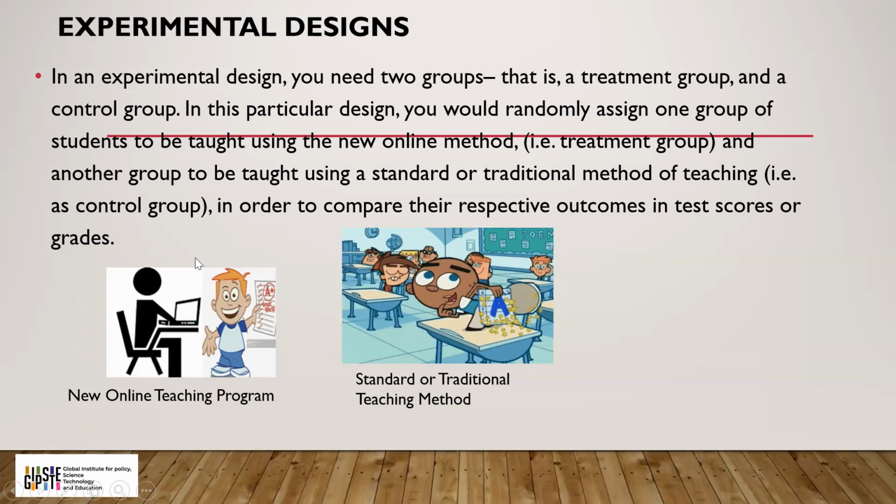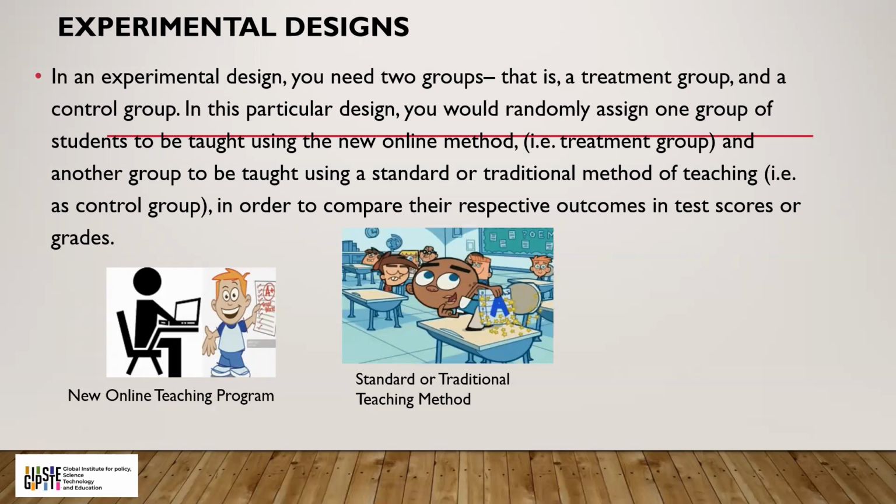So this will be the treatment group and this will be the control group. In this case, you compare their respective outcomes, their scores in the test, so that you see if the new online program has improved student test scores as compared to the traditional or standard method of teaching.